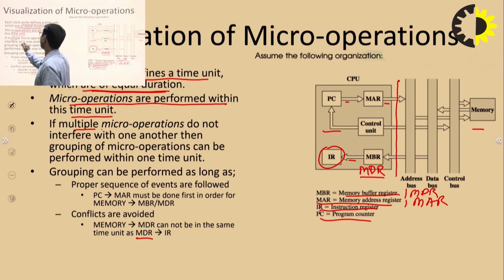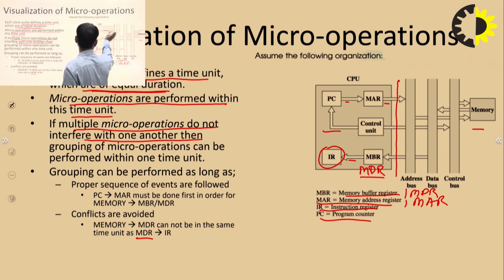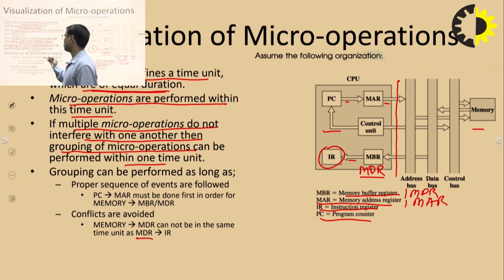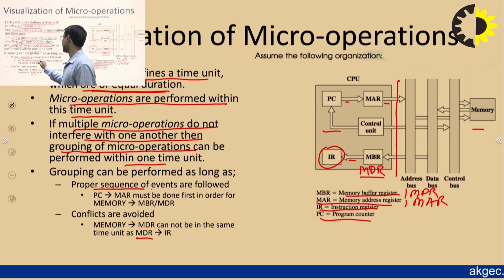If multiple micro operations do not interfere with one another, meaning there is no conflict, that is, the transfers of data do not interfere with each other, then we can perform a grouping of micro operations within one unit. For example, the grouping can be performed as long as a proper sequence of events is followed.